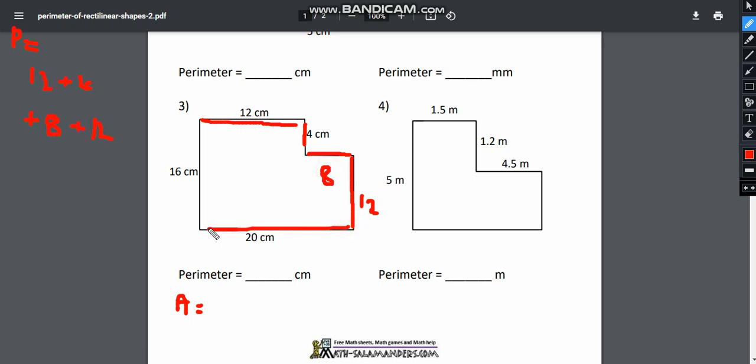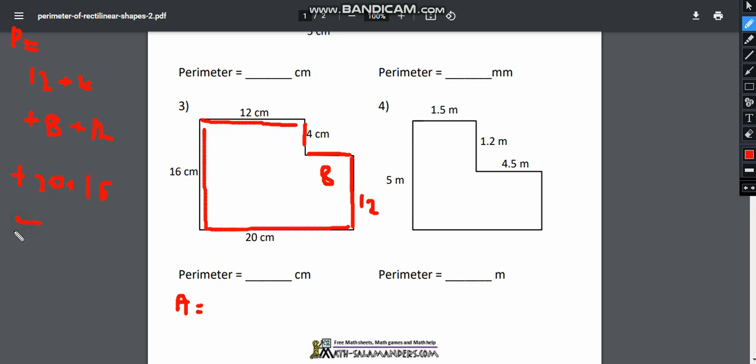Okay, and then plus 20 plus 16. So that's 12 plus 4 plus 8 plus 12 plus 20 plus 16. That is 72.